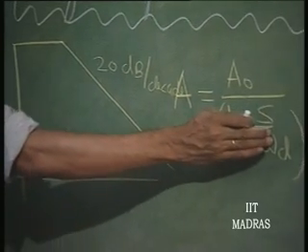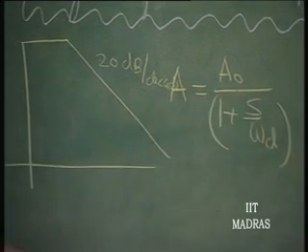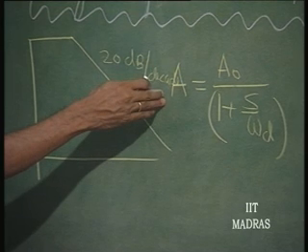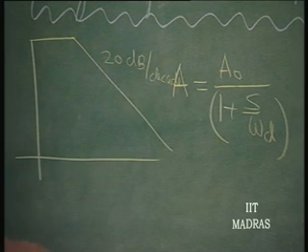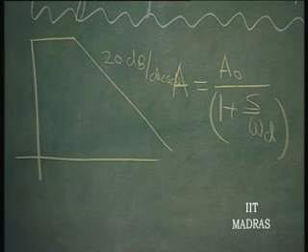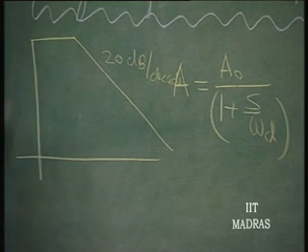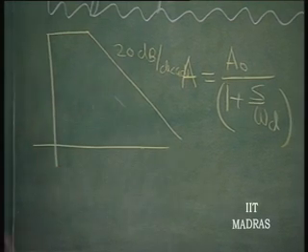It is inversely proportional to frequency, and from one frequency to another frequency, if the difference is a decade, that is a ratio of 10, it is 20 log 10, which is 20 decibels per decade. So, this is the rate of fall. This is what is called Bode's plot. It starts with a gain of A naught going at 20 decibels per decade.